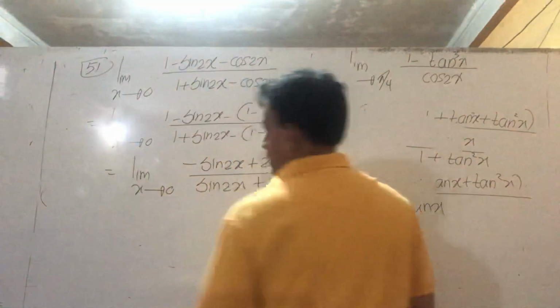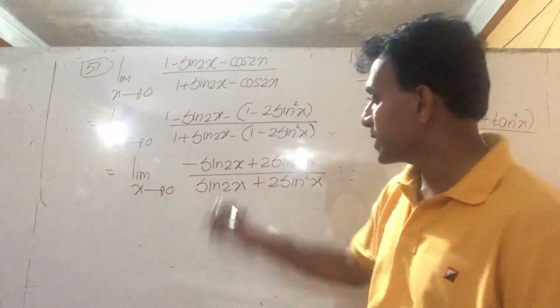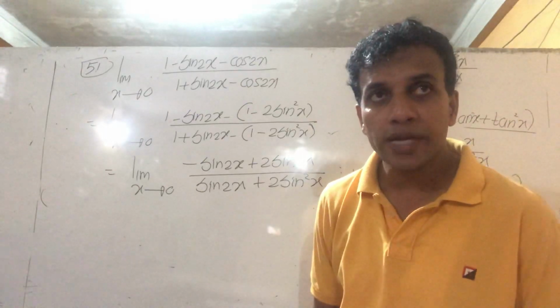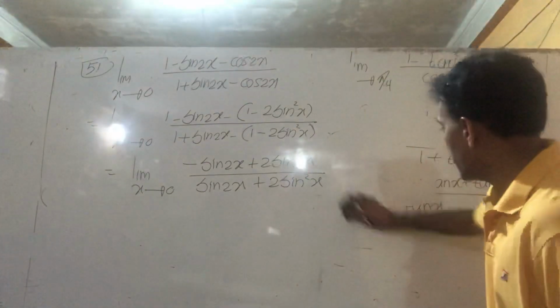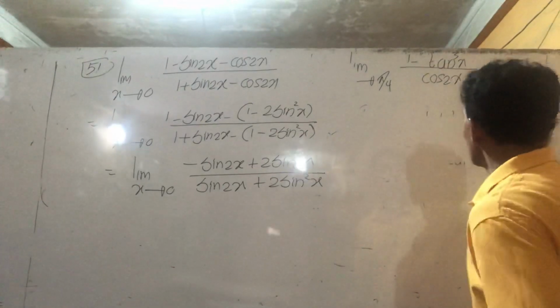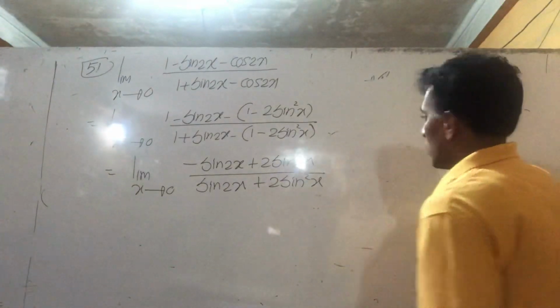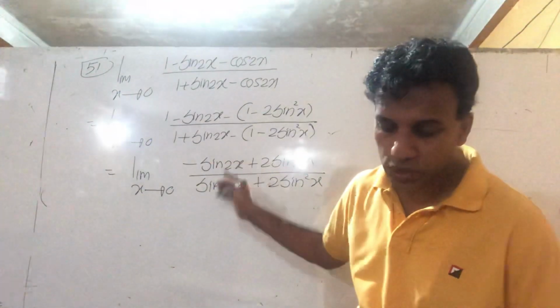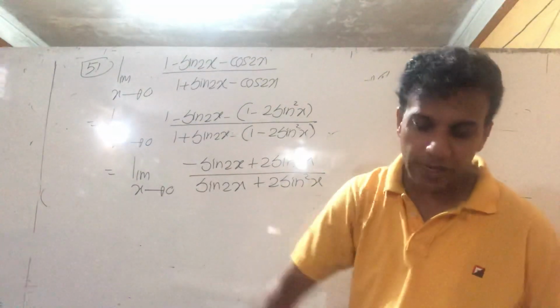Now again you can take the sin out after converting. Sin 2x is 2 sin x cos x form. Write sin 2x as 2 sin x cos x and take the sin part out.